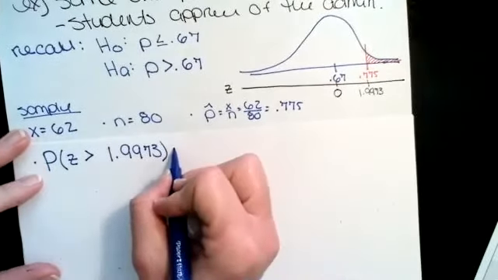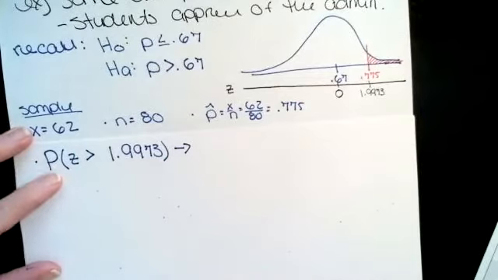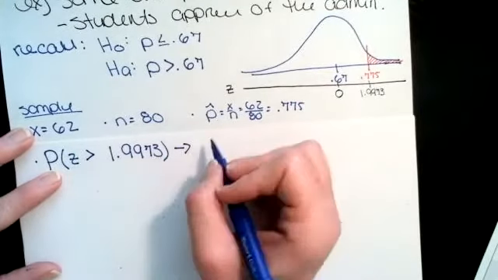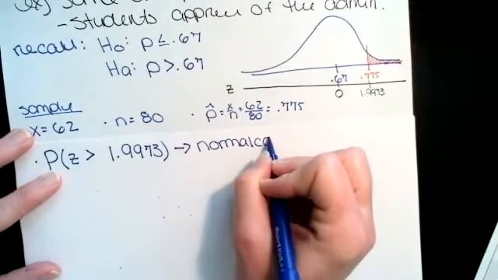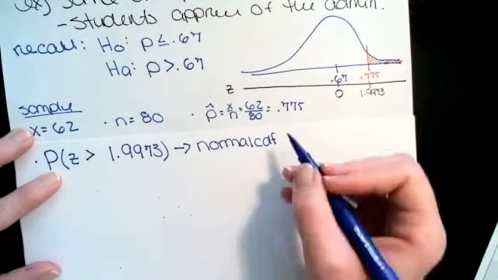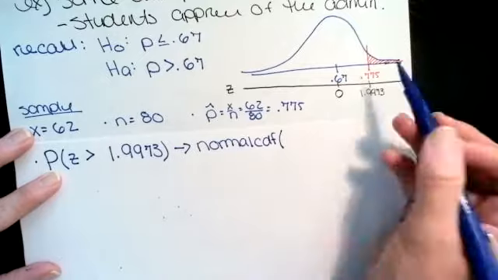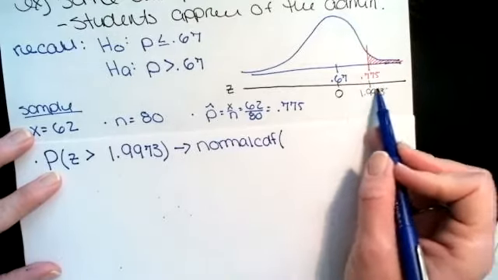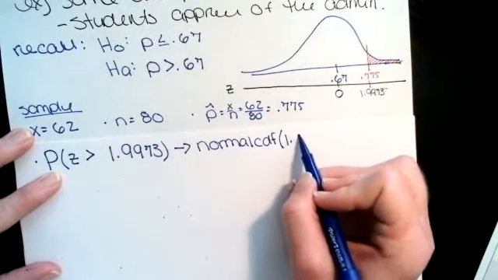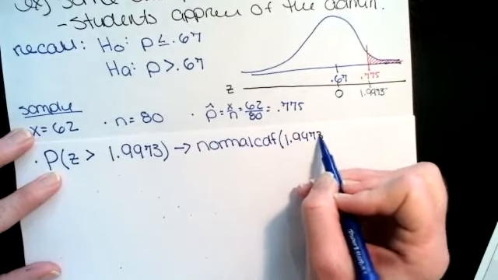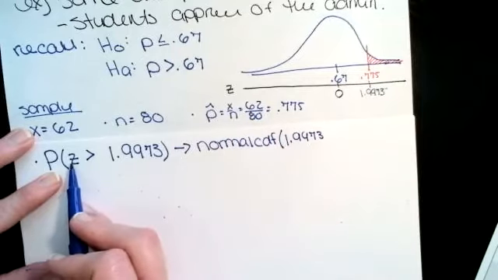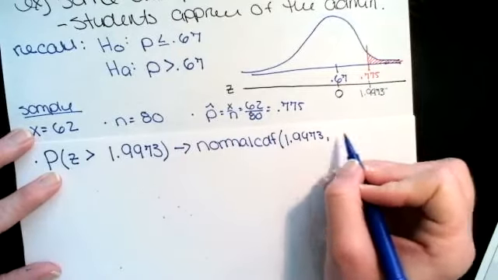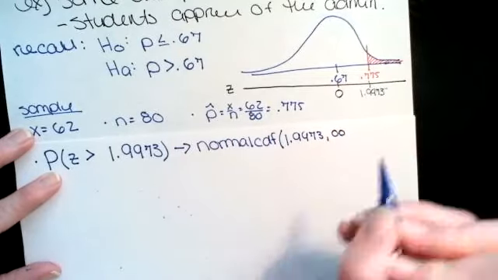Since it's a Z, I'm going to use my normal CDF calculator or Minitab function. Remember I'm on my Z curve, so my lower bound is 1.9973. I'm not using p hat anymore because I've switched to the Z. My upper bound is going to be positive infinity.